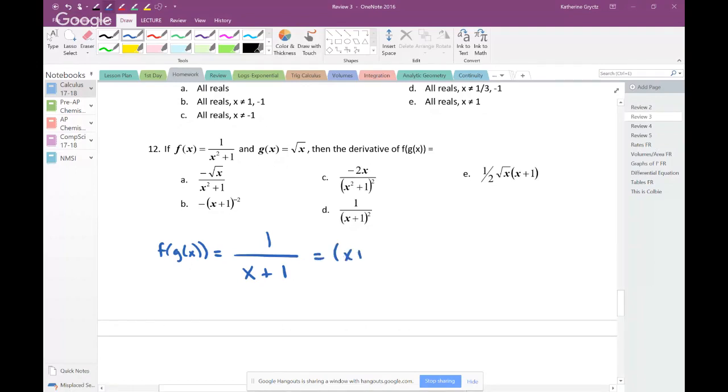Yep. Negative 1, x plus 1 to the negative second times 1. So it's D? No, you did it wrong. Oh, I mean B. Okay, I was like, you said the perfect answer.